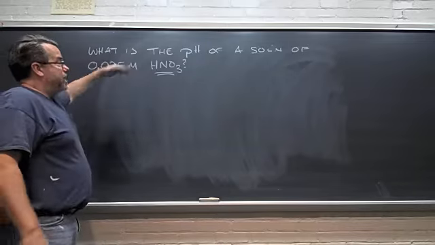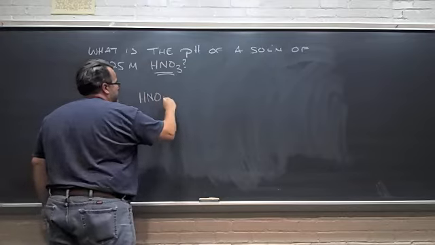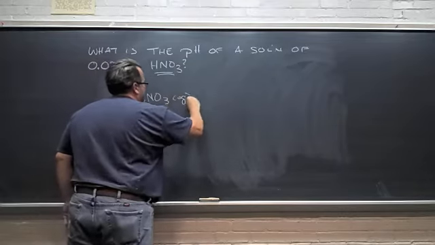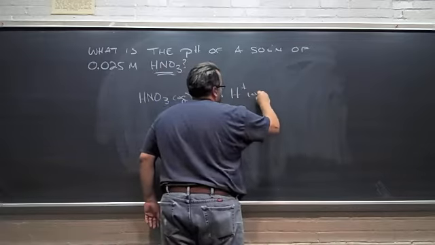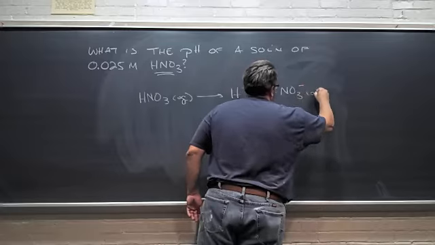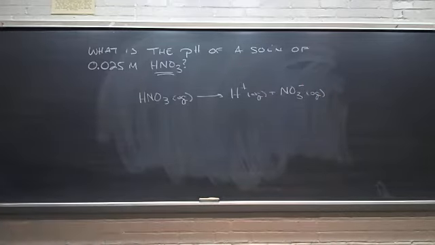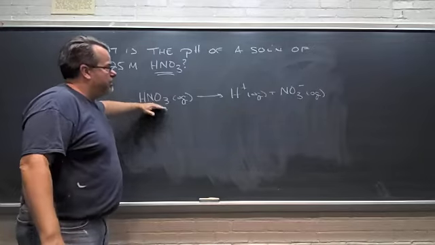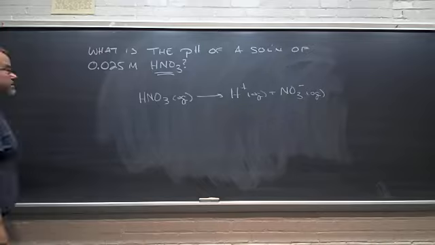And because this is a strong acid, we know that it's going to dissociate completely. So every mole of nitric acid is going to give us 1 mole of H plus ions.